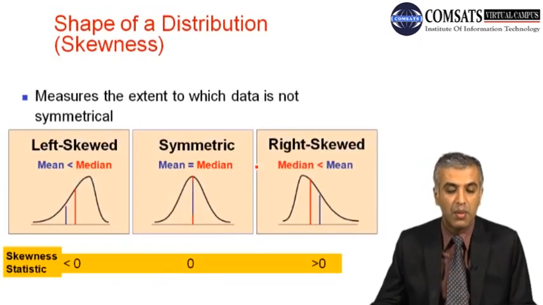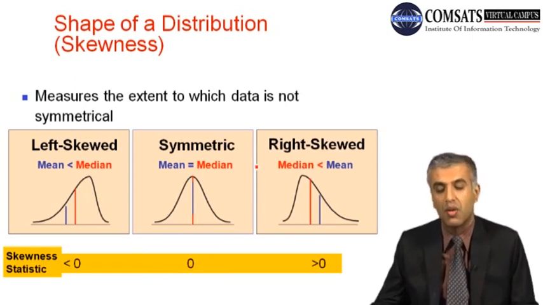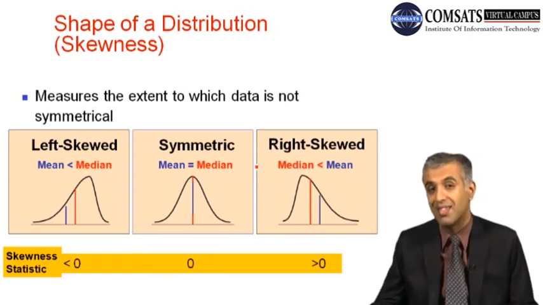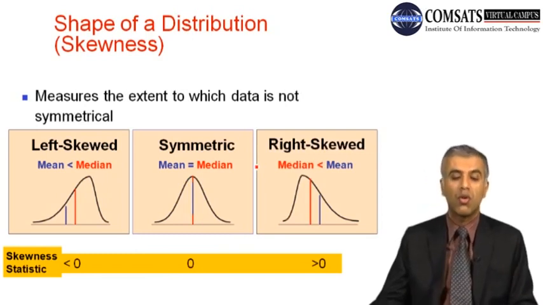Then we are dealing with another graphical interpretation, skewness, and this diagram gives us the nature of the data, basically whether the data is left skewed, symmetric, or right skewed.